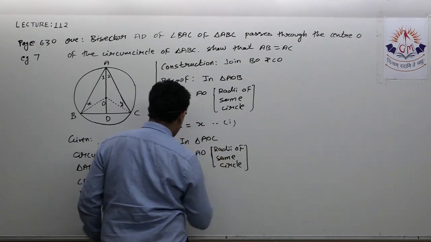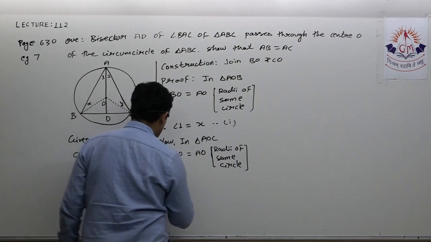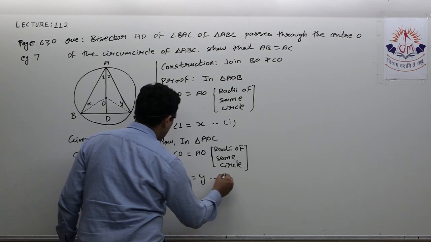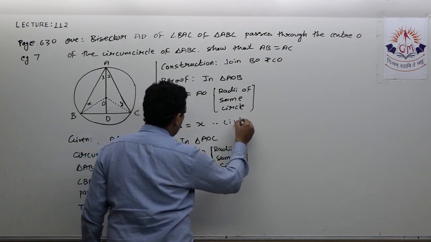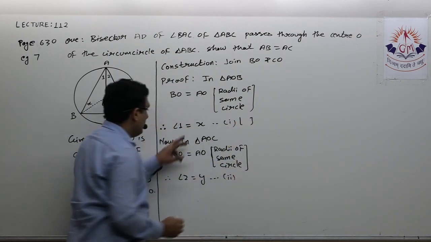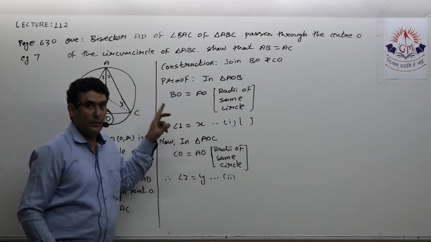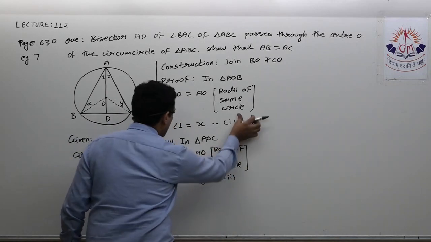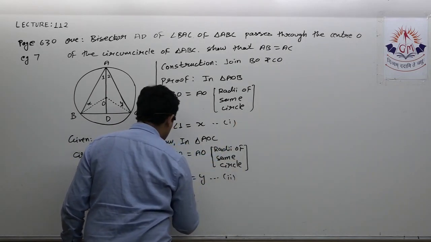Therefore I can say angle 2 is equal to angle Y. Let it be second. Now what is the reason behind this? The reason is, in a triangle, angles opposite to equal sides are equal.